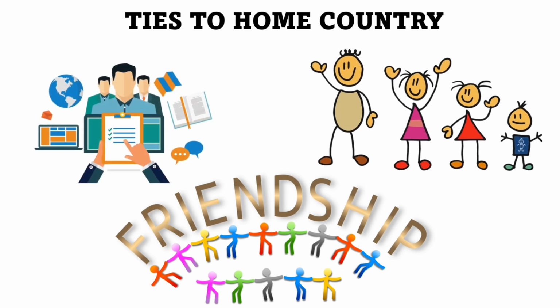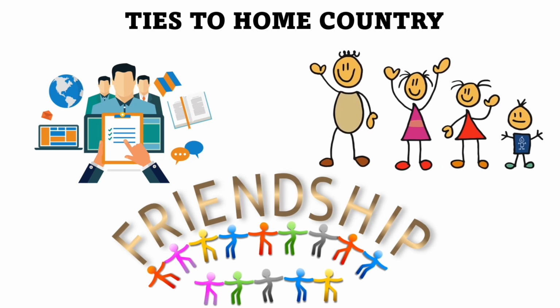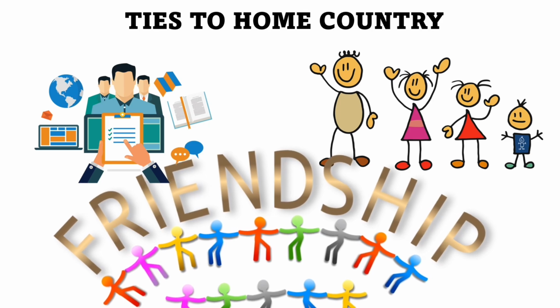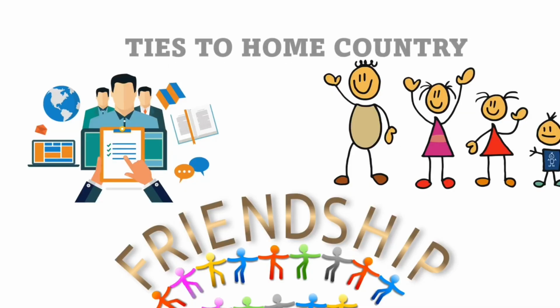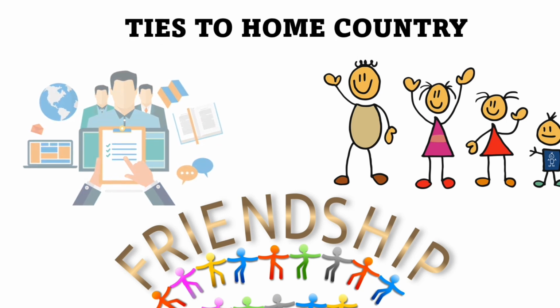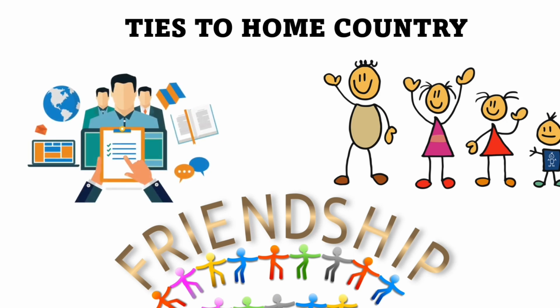So what does it mean? Ties are the various aspects of your life that bind you to your home country. Examples of ties to your home country are your job, your family and friends, your relationship with your family and friends, or your community.